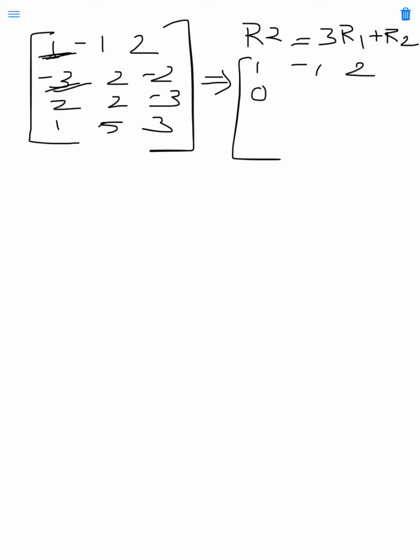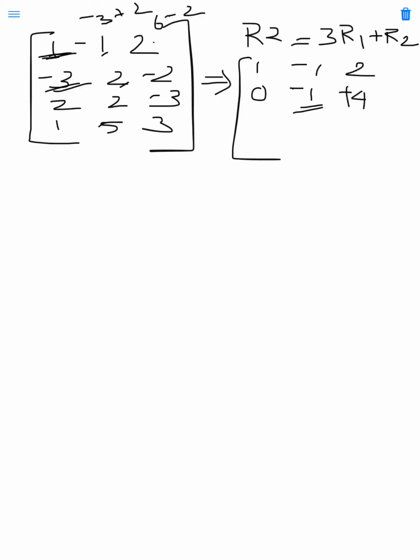After doing the operation you will be getting 0, 1, minus 4, that is 3 into 1, 3 minus 3 is 0, then 3R1, that is minus 3, plus R2, minus 3 plus 2 is minus 1, and again 3 into R1, here minus 3, plus 2, you will be getting minus 1 over here, and again 3R1 means 6 plus R2, that is minus 2, you will be getting 4 over here.